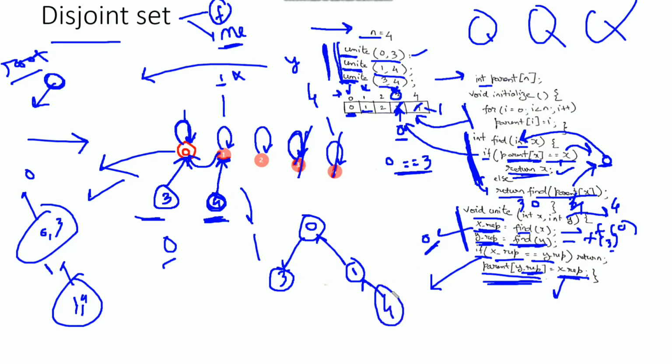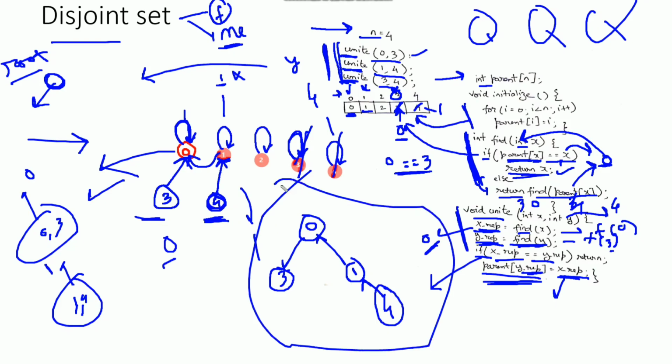So a tree will form like this. This tree is a group having representative value 0, because it is the root. Therefore the root will represent its group. By this way we can partition the data using find and unite operations.